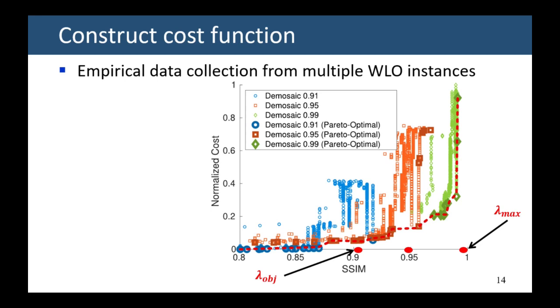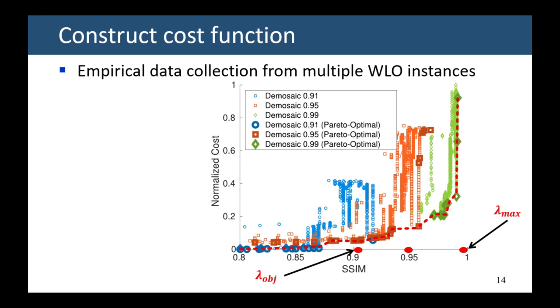For example, here the blue is the design for the local search with target 0.91, orange for 0.95, and green for 0.99. If we consider only a single local search, we can see 2 types of markers: smaller and lighter ones for non-optimal solutions, whereas the bigger and darker ones are for Pareto optimal designs.